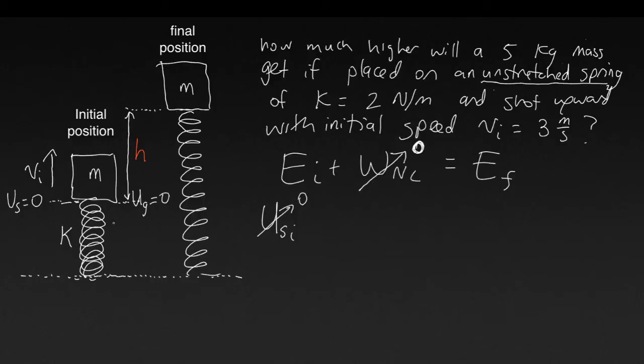You might say, oh, it's above the ground, so it must. But do you see that we've also set gravitational potential energy as 0 right here? So we've got no initial gravitational potential energy either. And you'll notice I don't have subscripts for different objects because I only have one mass and one spring, so I can identify those just by what objects they are. I don't have to indicate other subscripts like 1 or 2.